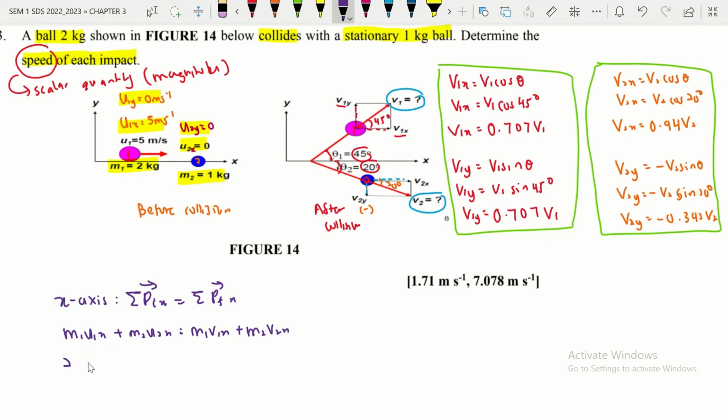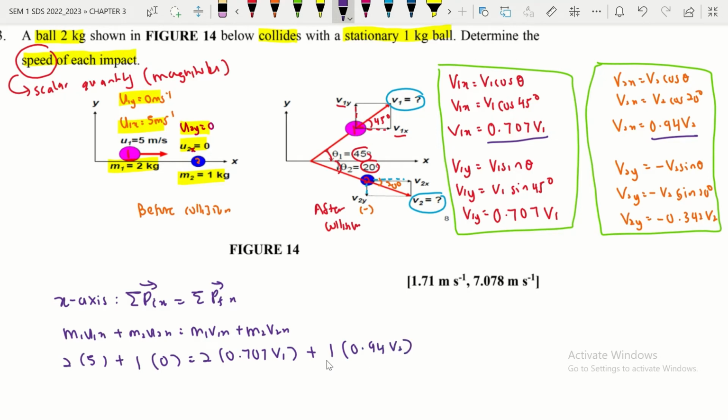So, M1 kita adalah 2, U1x kita adalah 5, dan M2 kita adalah 1 dan U2x kita adalah 0. M1 2, V1x, you all dah tahu, dia adalah 0.707 V1, tambah dengan M2 kita adalah 1 dan V2x kita adalah 0.94 V2.